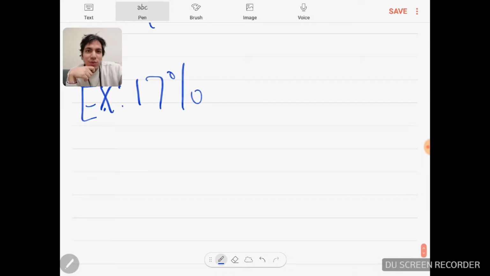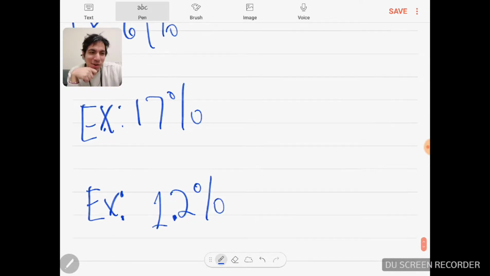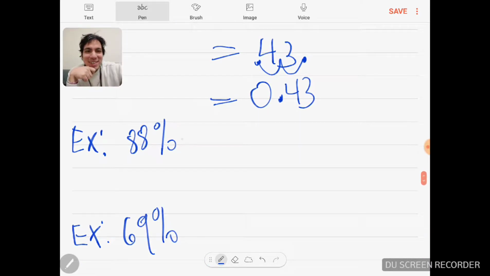And I'm going to give one nice tricky one. Let's say I gave you 1.2%. Let's see how many people get upset when I do that one. All right, till then, let's get through these first.